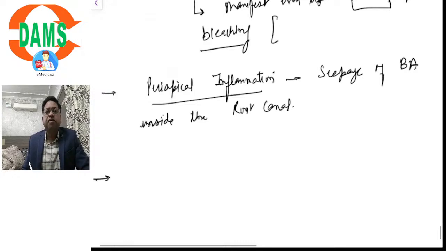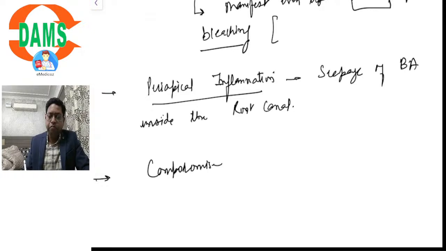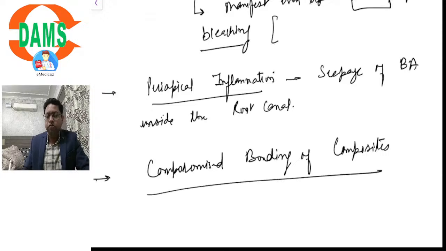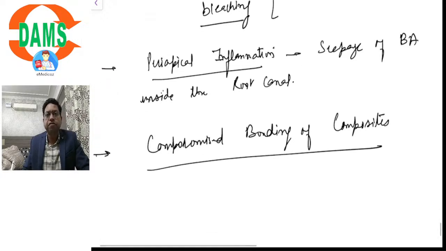Now, another disadvantage related to especially non-vital bleaching is compromised bonding of resin-based composites.